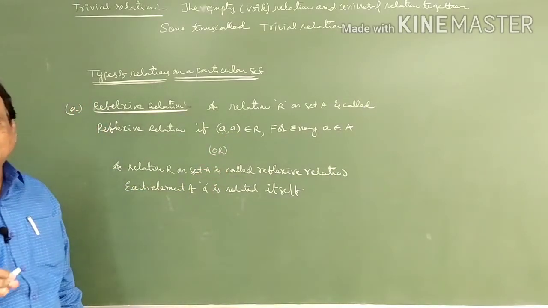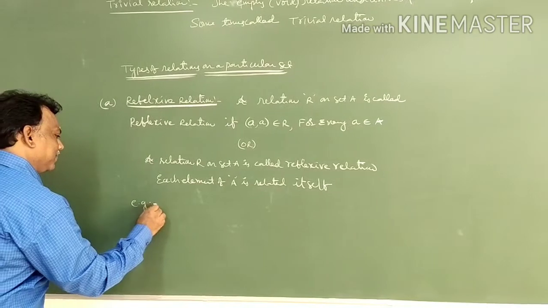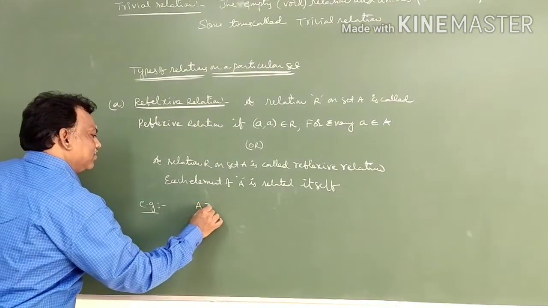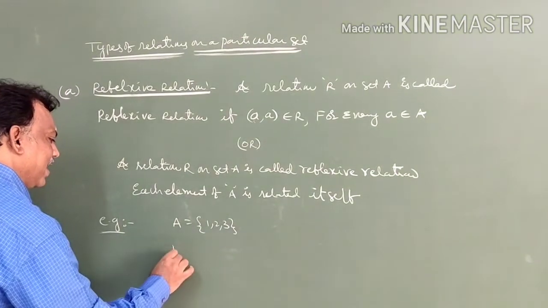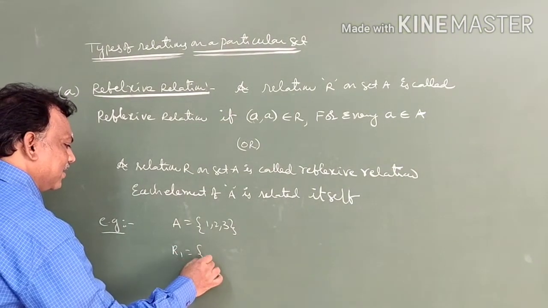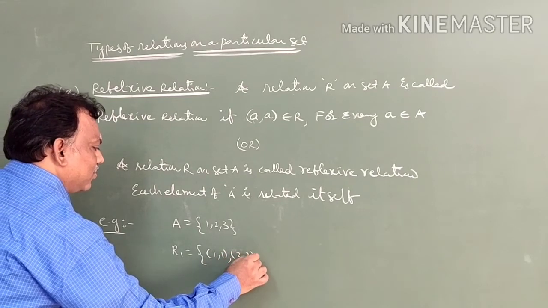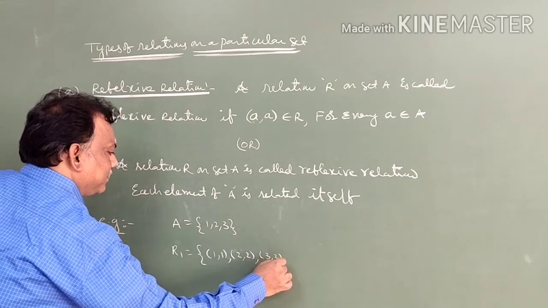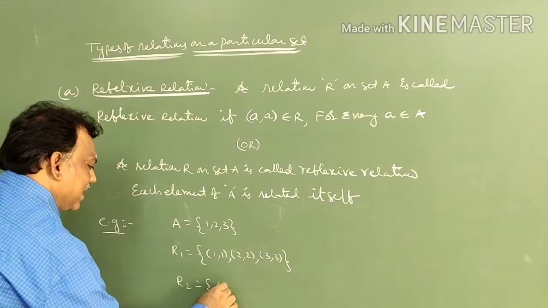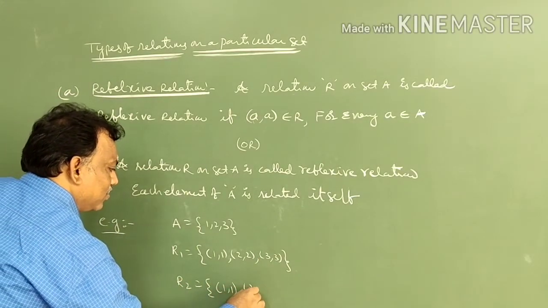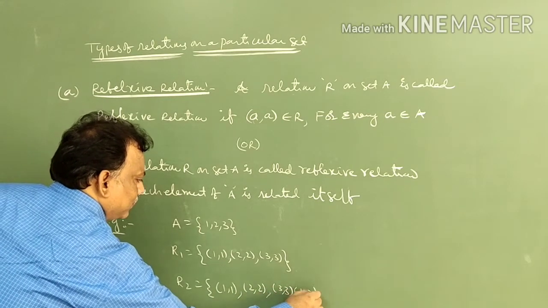So if a set contains the elements 1, 2, 3, I will give an example. You can see here, A equals the elements 1, 2, 3. Now we are writing three relations here. Relation R1 is the set {(1, 1), (2, 2), (3, 3)}. Another relation R2 is the set {(1, 1), (2, 2), (3, 3), (1, 2)}.